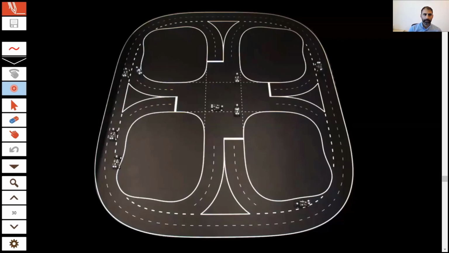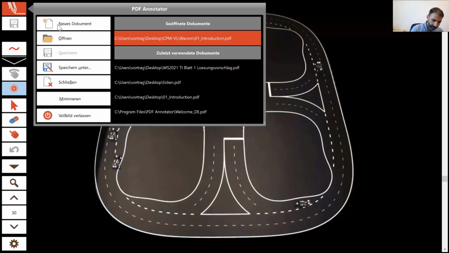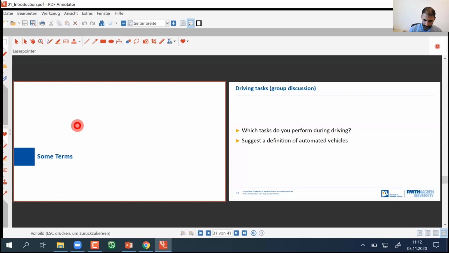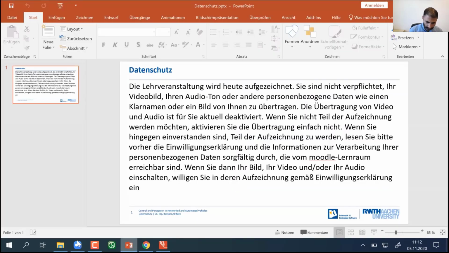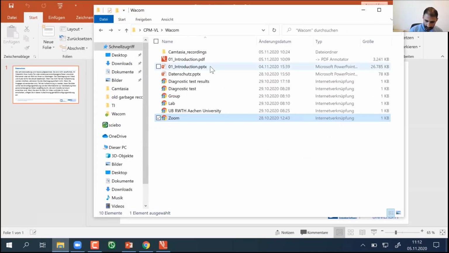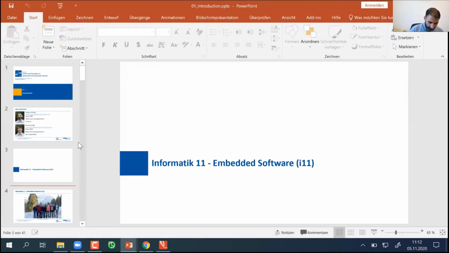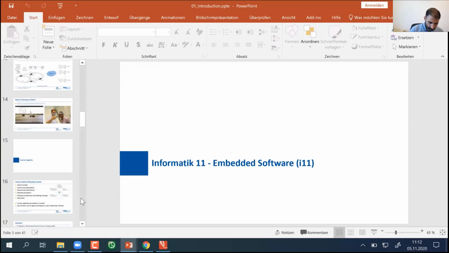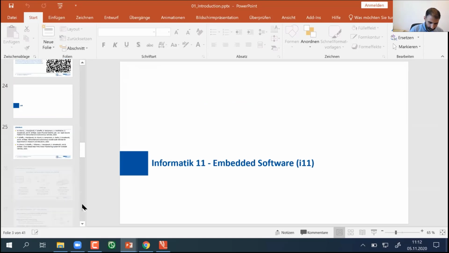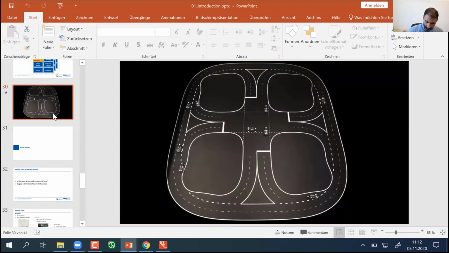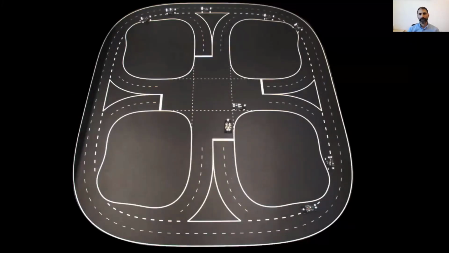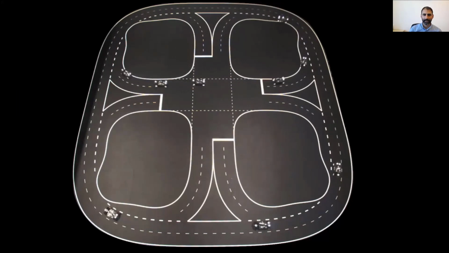Okay, maybe I should have taken the PowerPoint slides. I can switch now and hope that it's going to work also. It's working. Now we're seeing the lab in action.